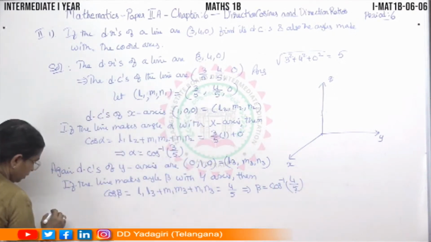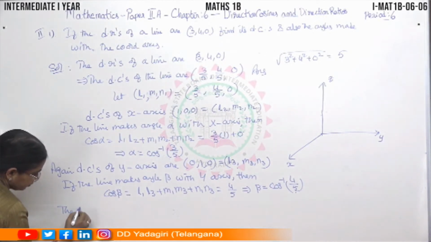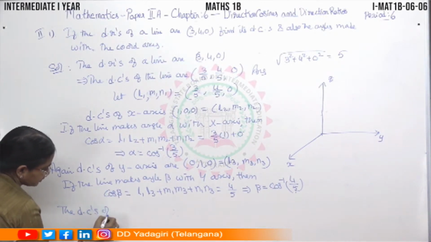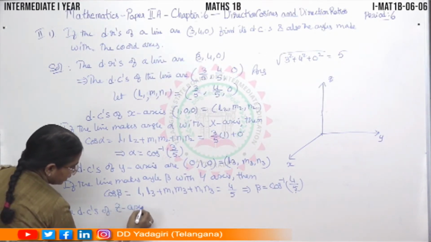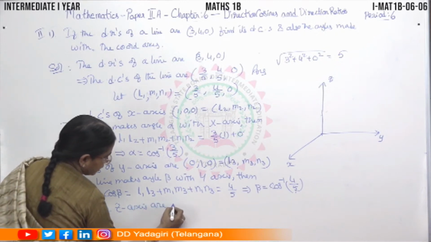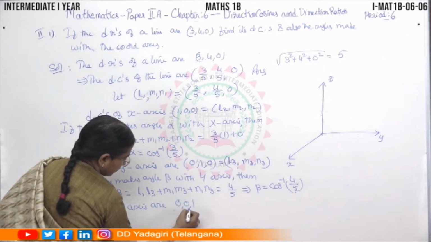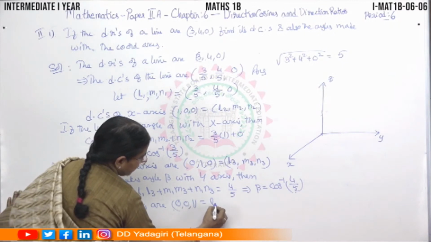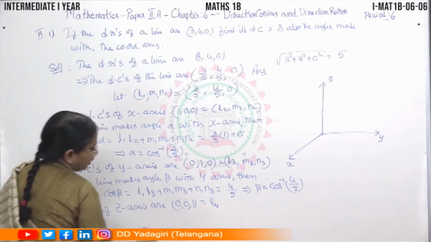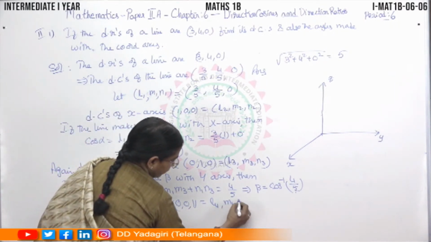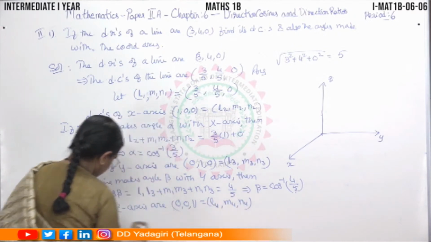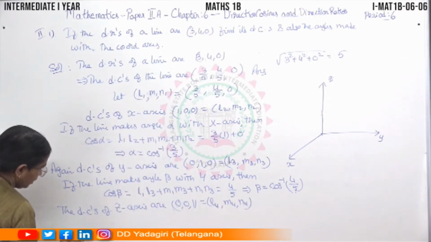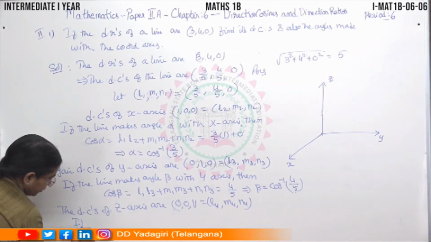Now again, the DCs of z-axis are 0, 0, 1. I'll take them as L4, M4, N4. Same kind of steps.